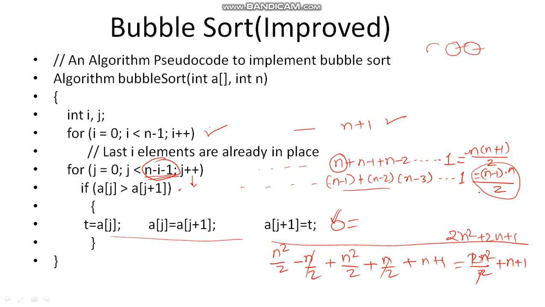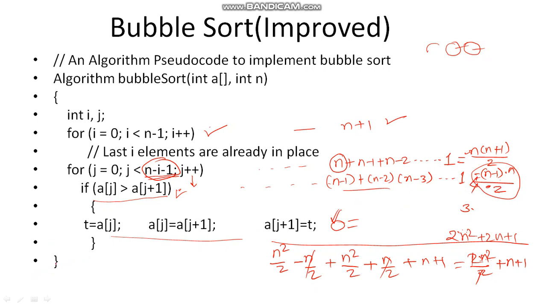In the best case, this one will be executed 3 times, because these 3 instructions are executed as this condition satisfies, or assume that this condition satisfies for all cases. So in that case, the equation we get is this multiplied by 4, this multiplied by 4, because this is 1 and this is 3.